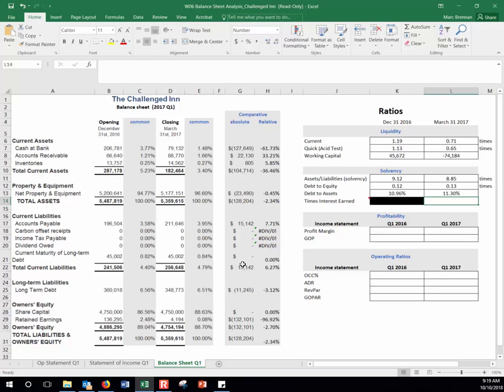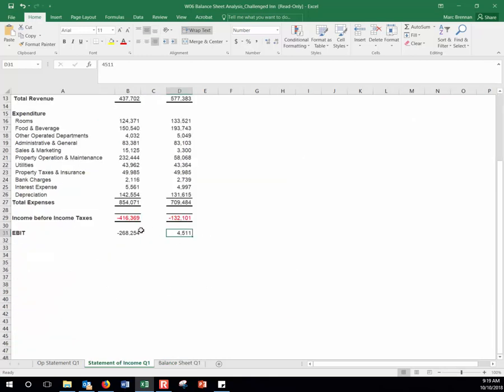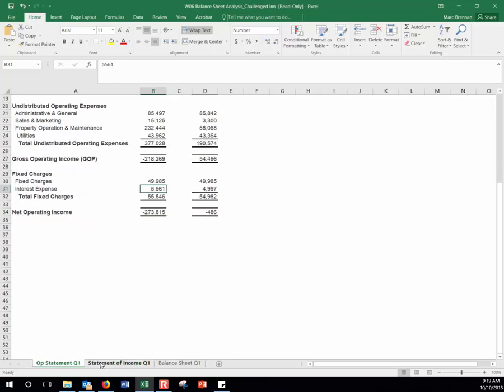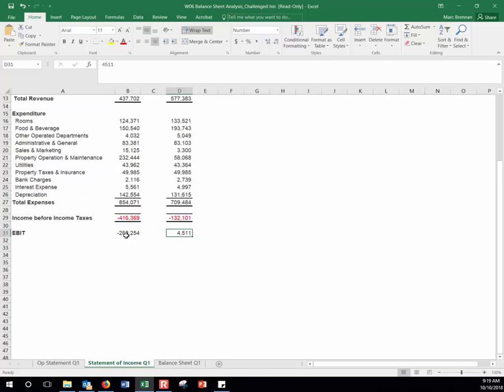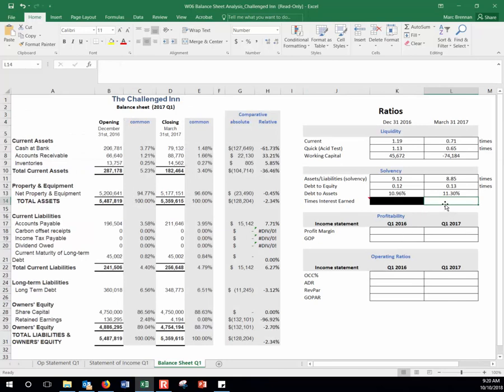So let's go over to our statement of income. What we're going to look at is our EBIT, okay? Our EBIT, which is our income before interest and taxes, okay? And we're going to divide it by our interest expense. So I'll use 3D cell referencing because it's going to be easy.